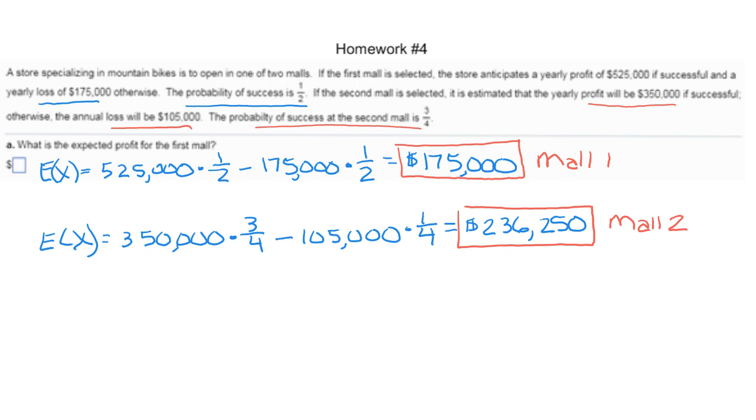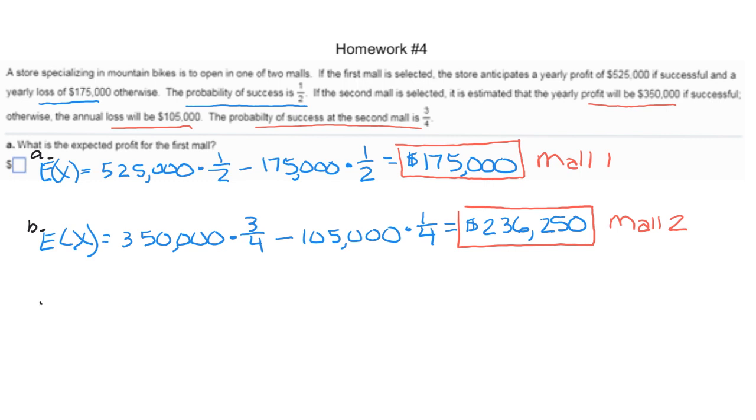So in calculating these expected values, we can ask, which mall do you think the company would be more successful in? All right, so this is actually part A right here, finding the expected value for mall number 1. Part B was finding the expected value for mall number 2.